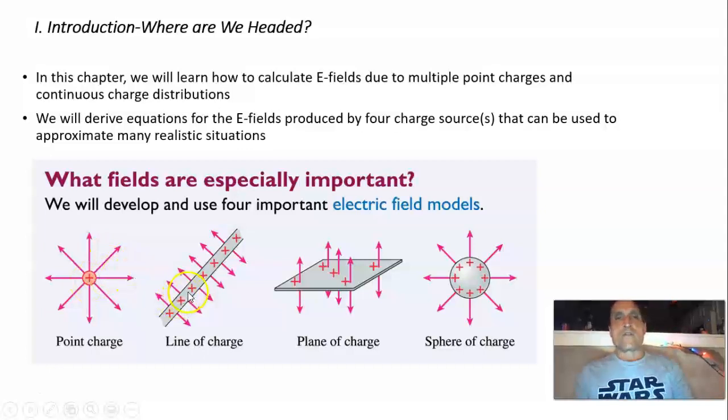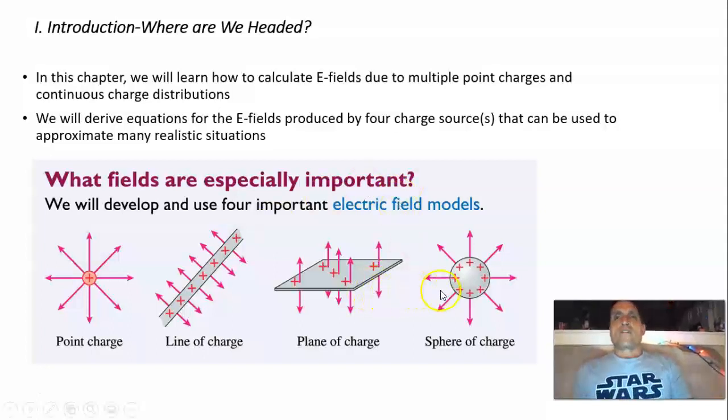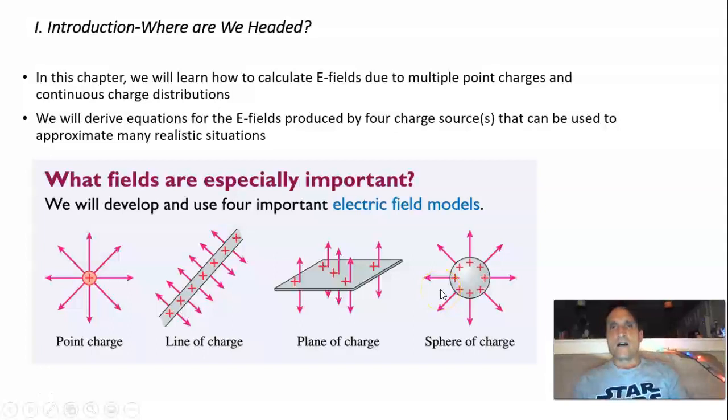You can use the basic solution for a line charge, like a wire, to get the electric field produced by multiple wires. We're going to discuss solutions to the last two here, plane of charge and the sphere of charge today. Then we're going to get into parallel plate capacitors, and then do a few examples here.